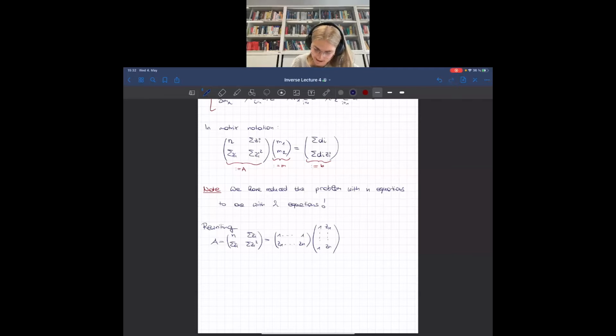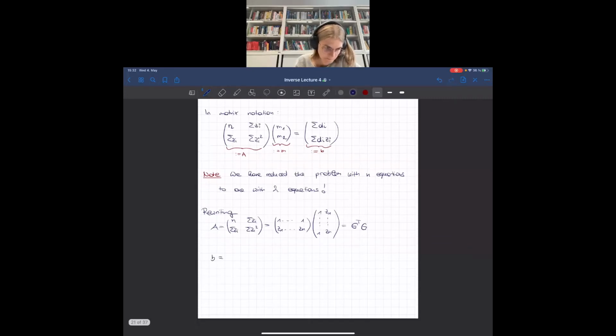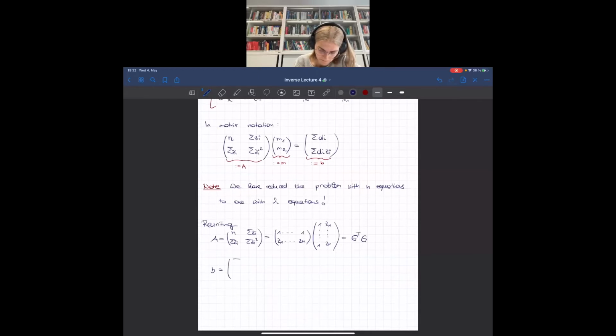And this is nothing else than G transposed times G. We can do the same thing for B. So this is the ones here, and the zi's here. And then we have the right-hand side for the observed data. And this is nothing else than G transposed d.